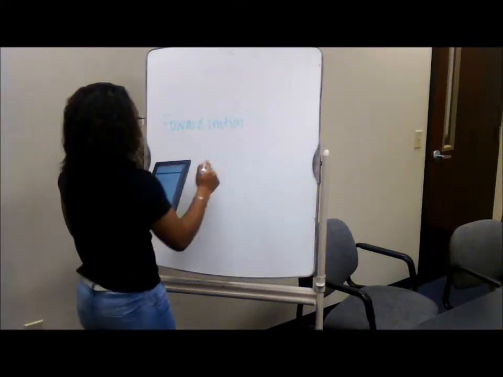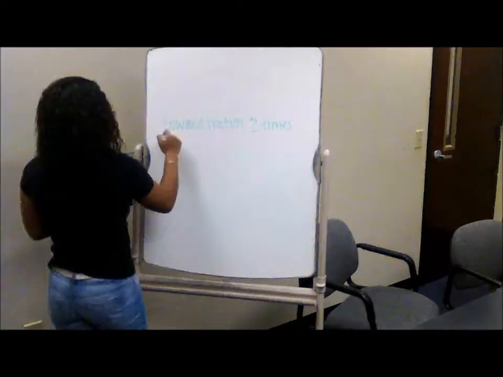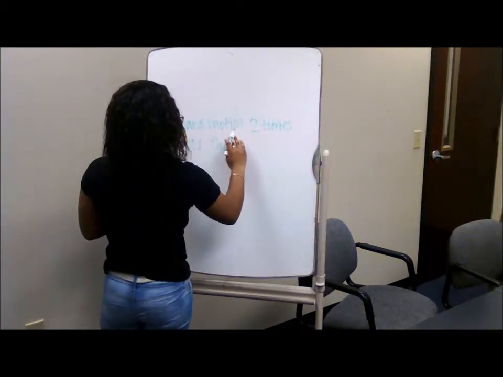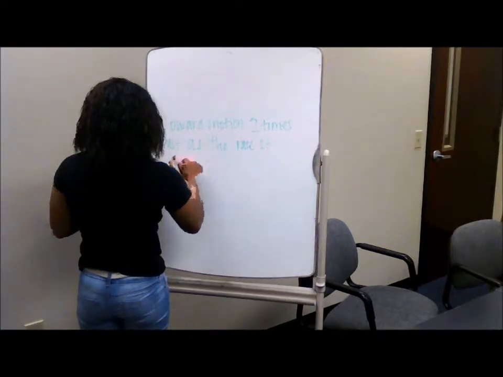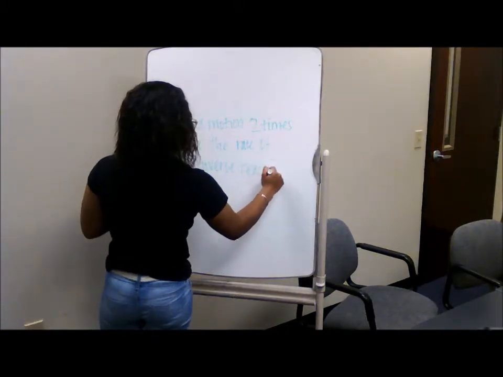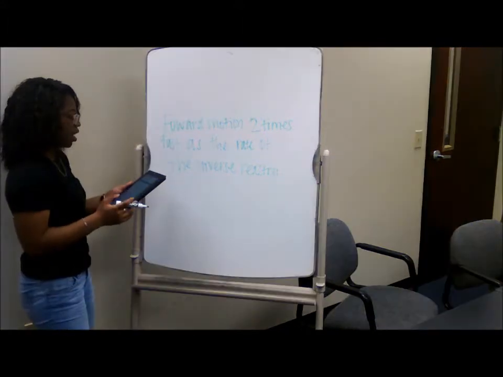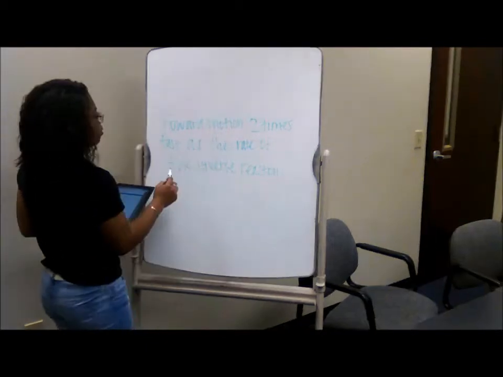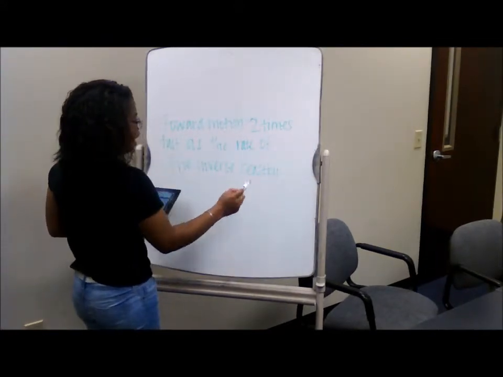The rate of the forward reaction is 2 times as fast as the rate of the inverse reaction. Is this considered equilibrium or is it not equilibrium? This is not equilibrium because the forward reaction is 2 times as fast as the rate of the inverse reaction, so the rates are not equal.